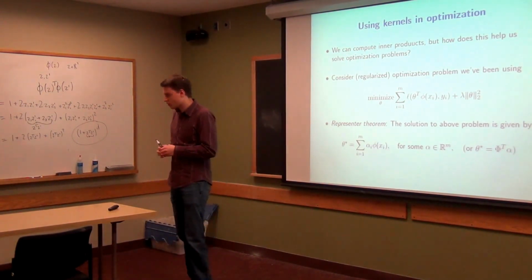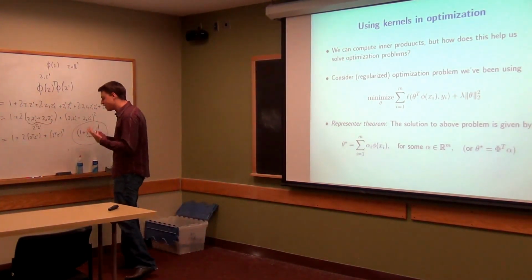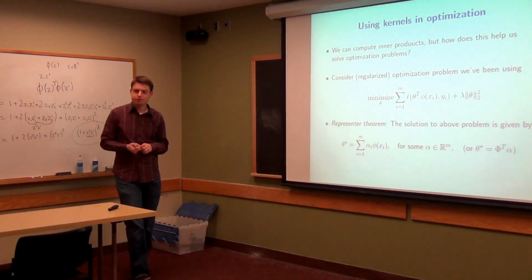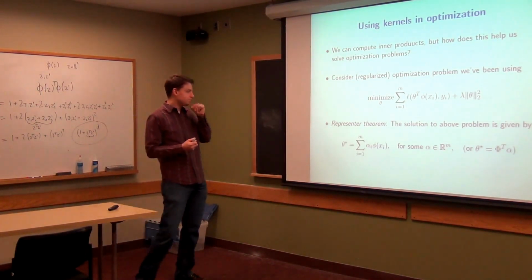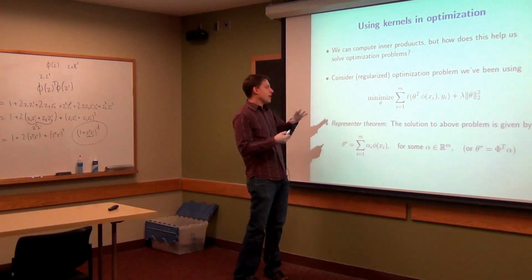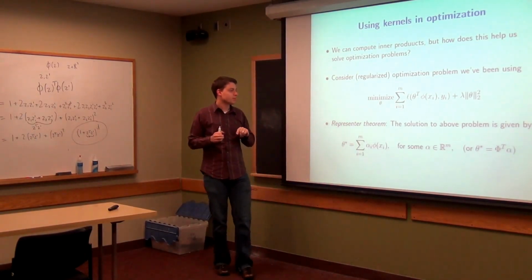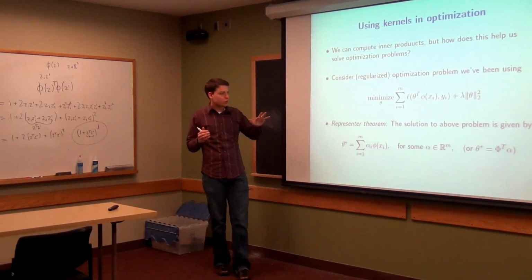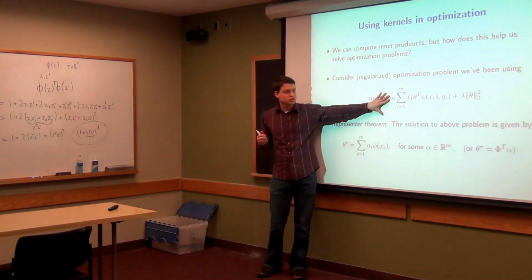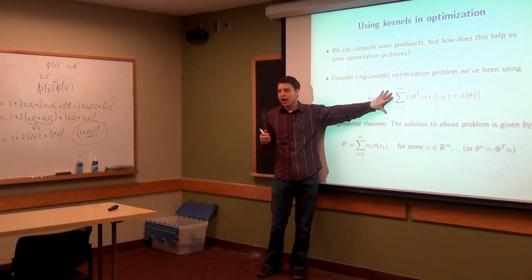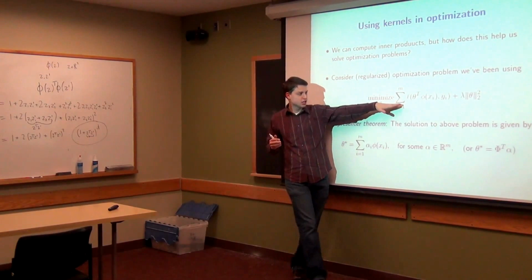Now, the trick that lets us use these in optimization is, actually, let me take a step back for a second. Suppose now we have an optimization problem. This is the form of a regularized sum of loss functions.